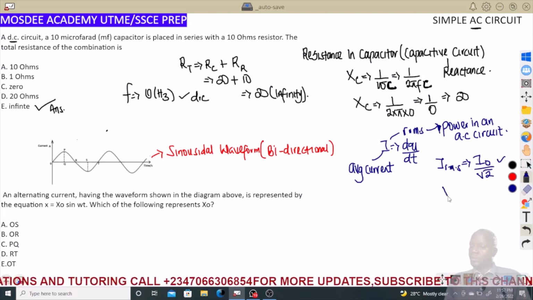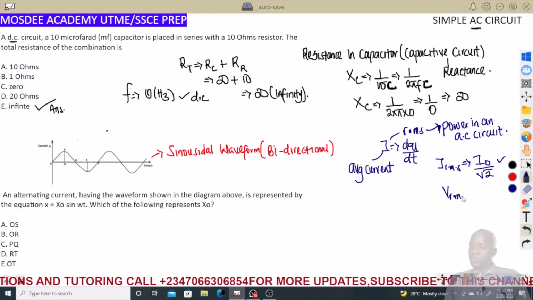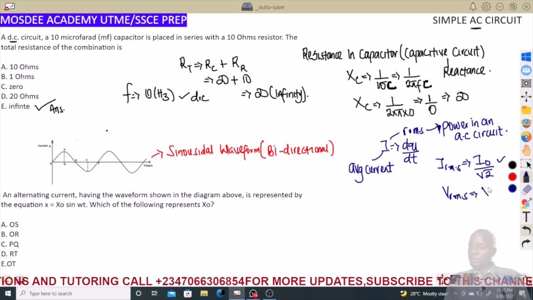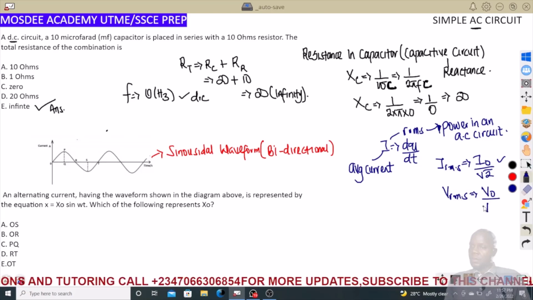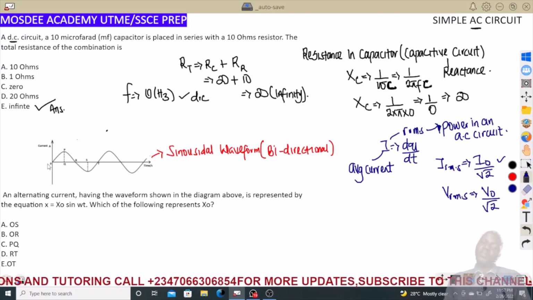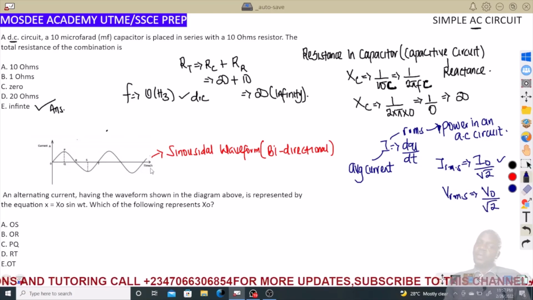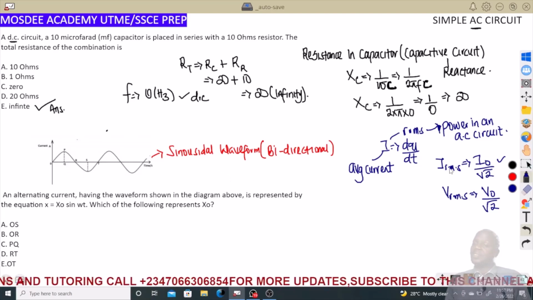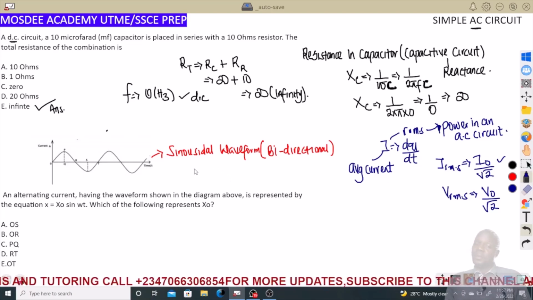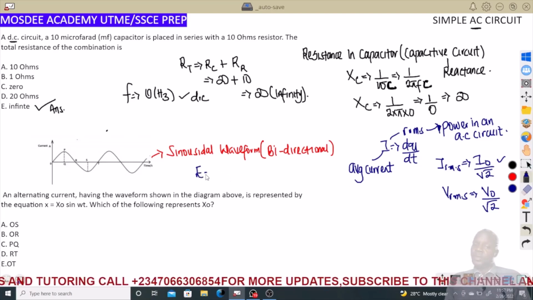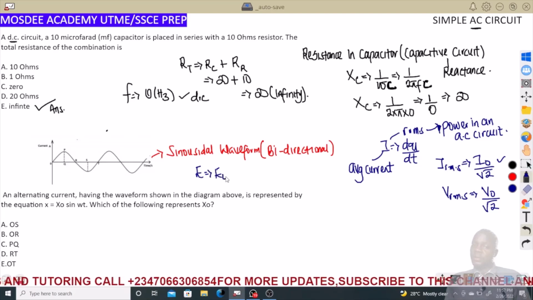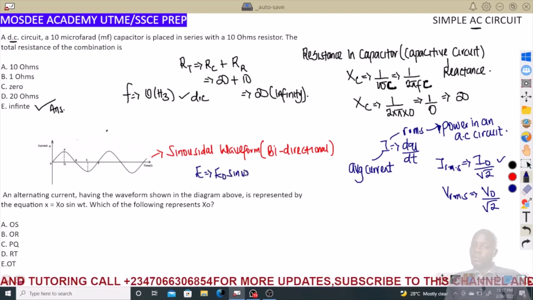You can also say the root mean square voltage is equal to the peak voltage divided by square root of 2. You can see it's moving as a function of time, and because of that, you can also write it as a function of time. For example, the maximum electromotive force is the peak, so you can write V equals V naught sine of omega t.